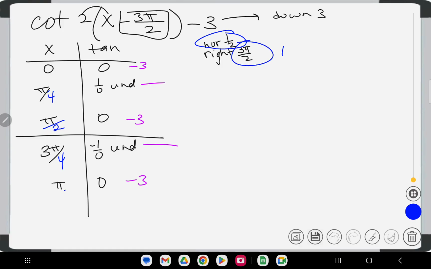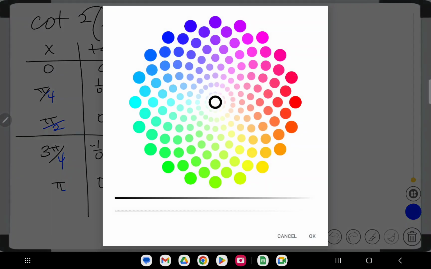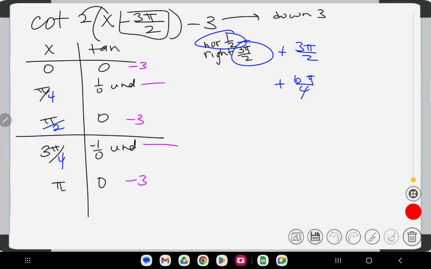To go to the right, I'm going to add 3 pi over 2. You know what? I'll either add 3 pi over 2 for the ones that have 2 as the denominator, or 6 pi over 4 for the ones that have 4 as the denominator. And I'll do it even in a different color, so that we have our final one.